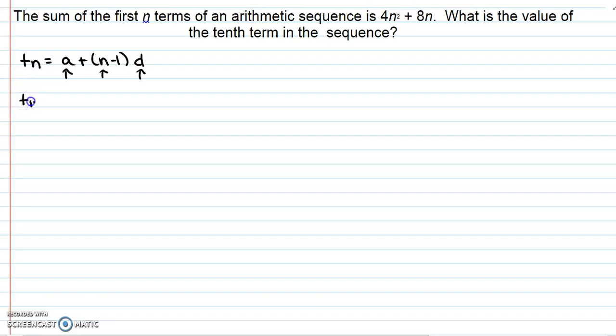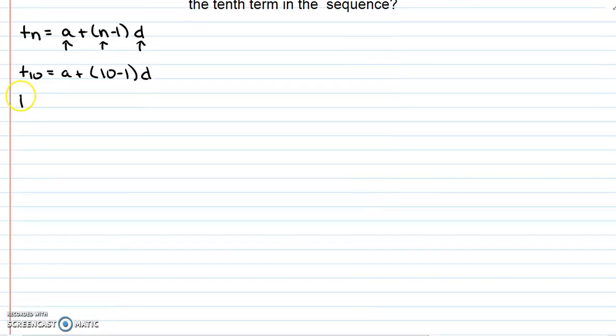T10 is equal to a plus (10 minus 1)d, which simplifies to T10 is equal to a plus 9d. This here is the general term for our sequence, and we're going to come back to it.